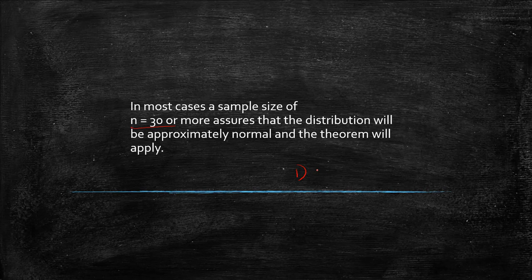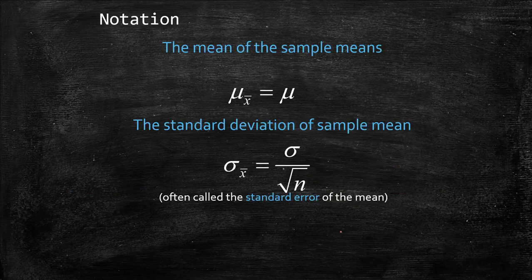Either the population is already normal, or we have a sample size of 30 or more in order to say that mu of x bar would equal mu. Otherwise, we can't say that, and we'd have to do those samples the long way like we did in the previous section. Okay, we said that mu of x bar equals mu, but remember that the standard deviation was getting smaller and smaller the larger and larger our sample size got?